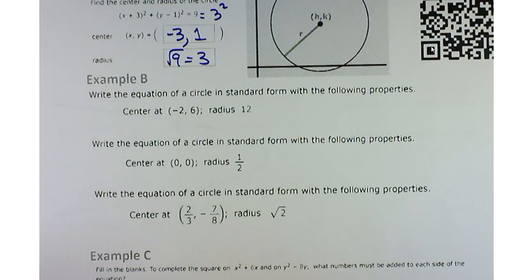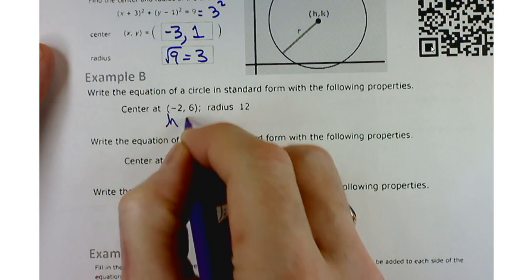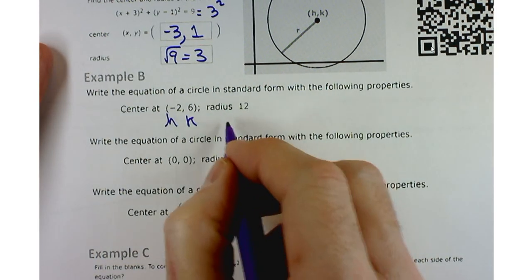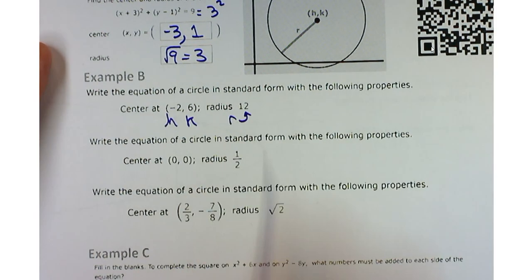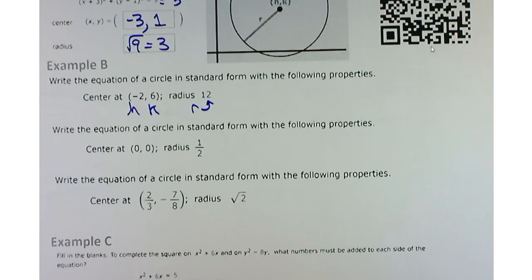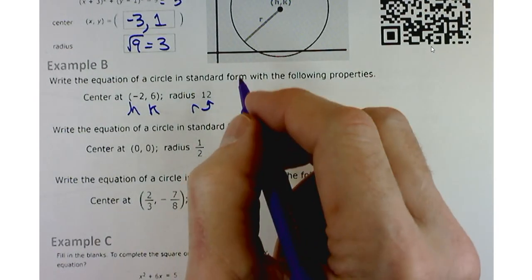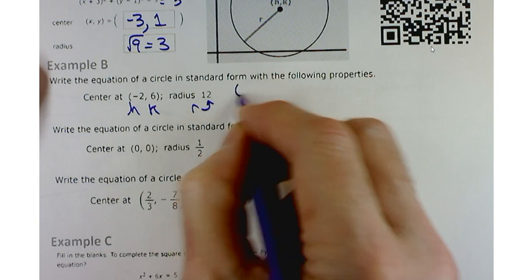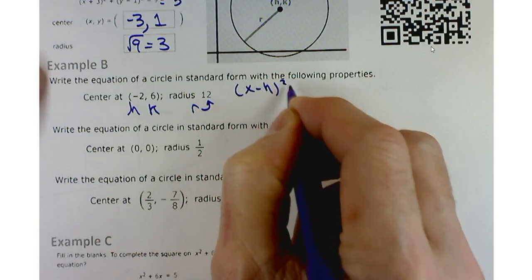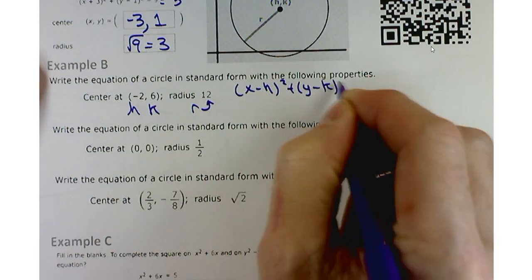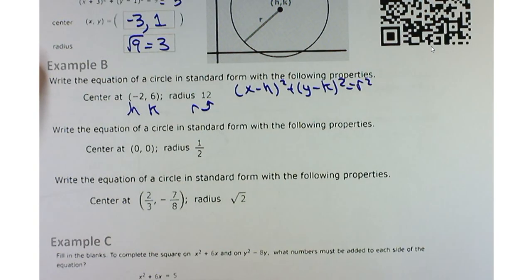This time, for example B, they're giving you your h and k, and of course r, and they're asking for the equation. So that means plugging it into x minus h squared plus y minus k squared equals r squared, and then maybe simplifying it a little bit, not a lot necessarily.